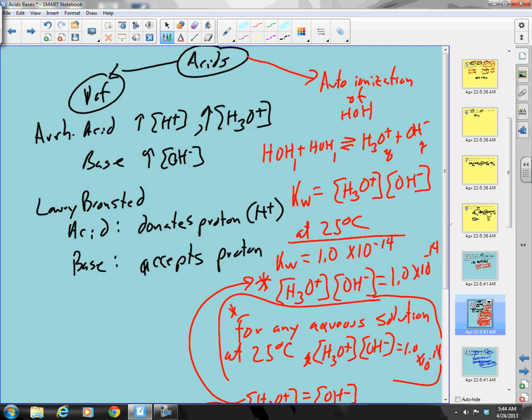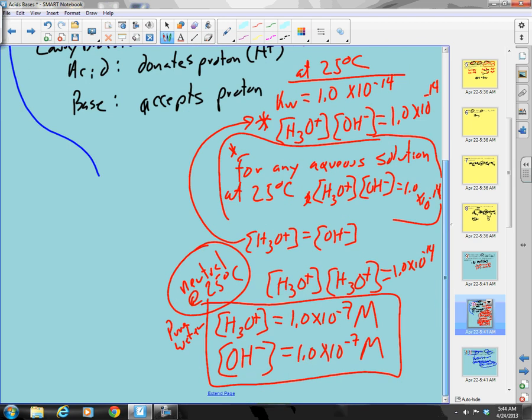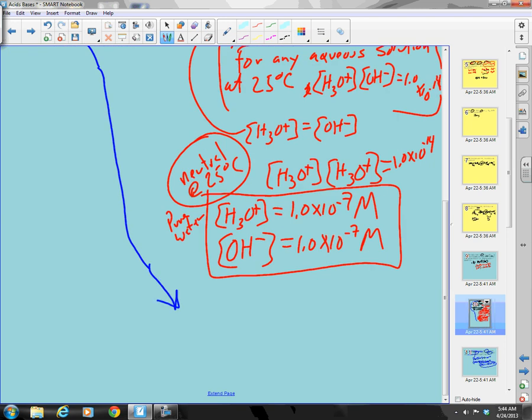Okay, let's add some more notes here. Let's talk about the, what do I want to call it? The acidic nature of solutions, or characterizing the acidic nature of solutions.